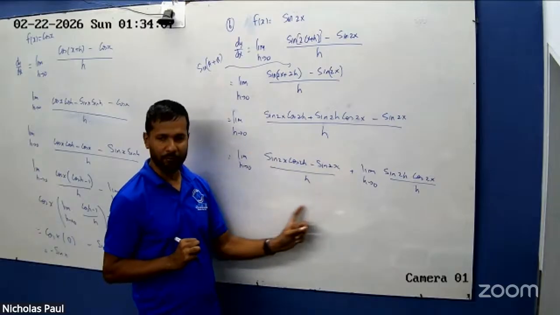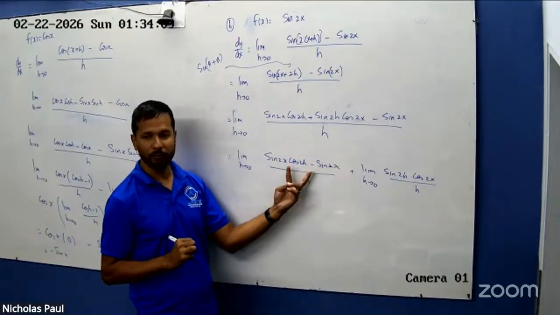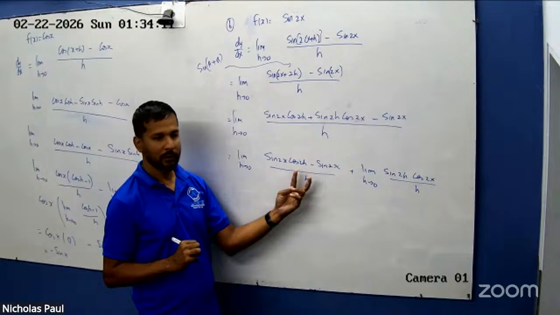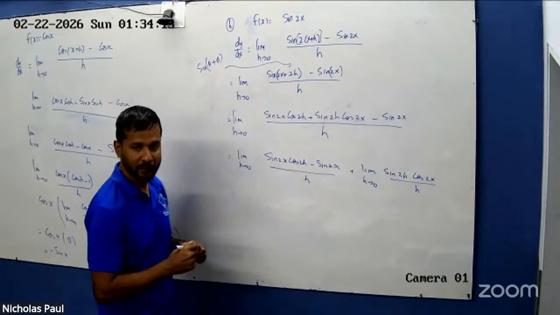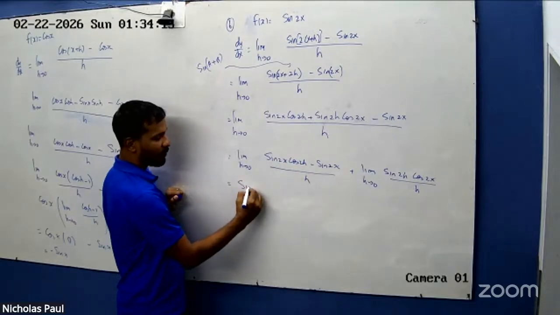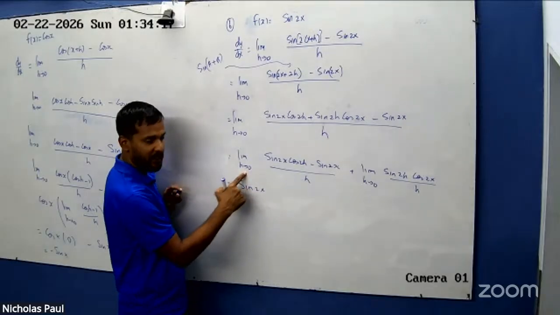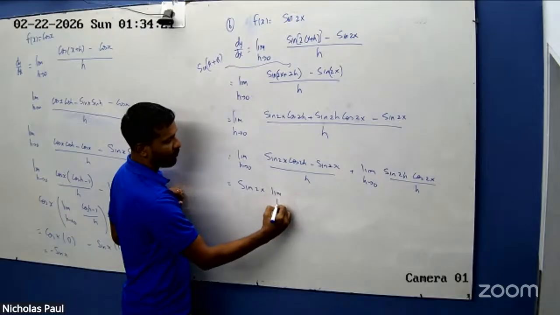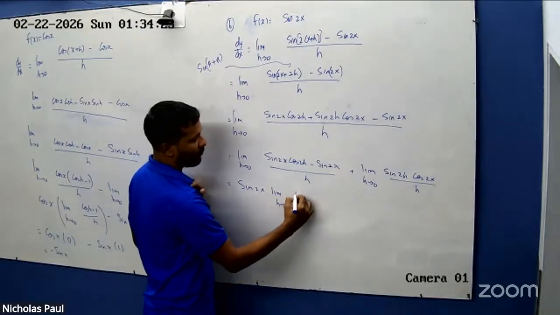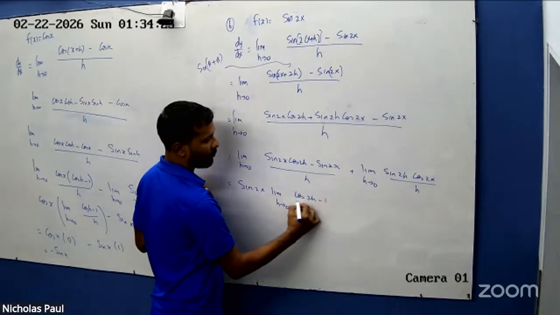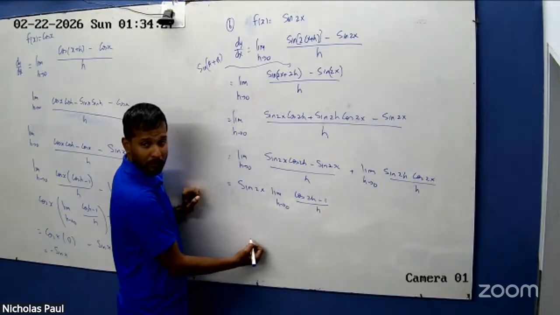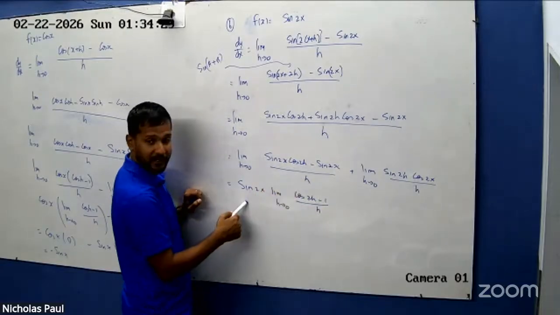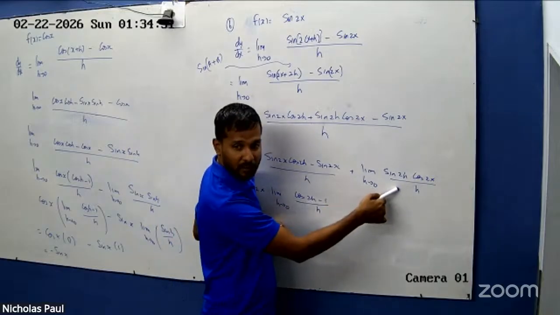Focus on this piece here. What can I do? Take out the sine 2x. So I can factor out sine 2x because this limit doesn't affect the x, right? How about here?